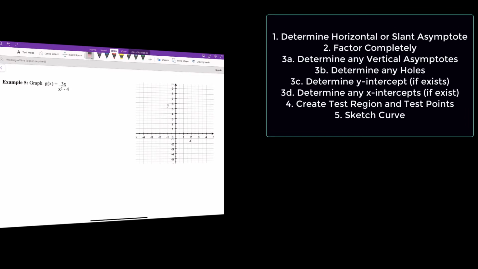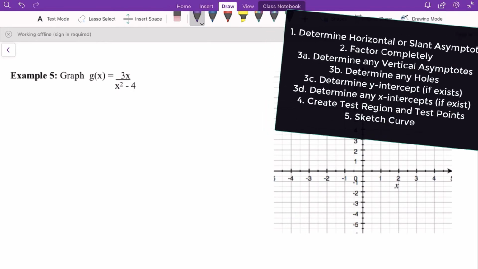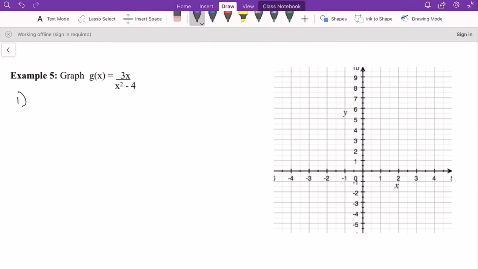So here we go. The first step we normally do is to look for the horizontal asymptotes. So step 1 is, again, I look for the horizontal asymptote or the slant asymptote. And to do that, you look for the degree of the numerator and the degree of the denominator.